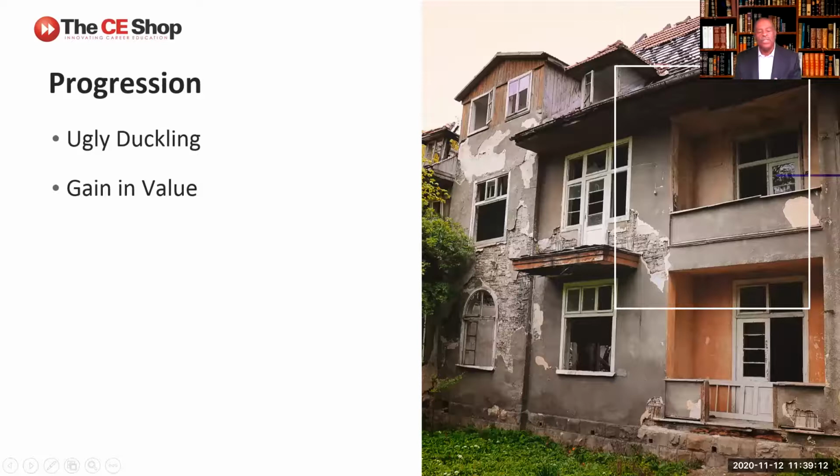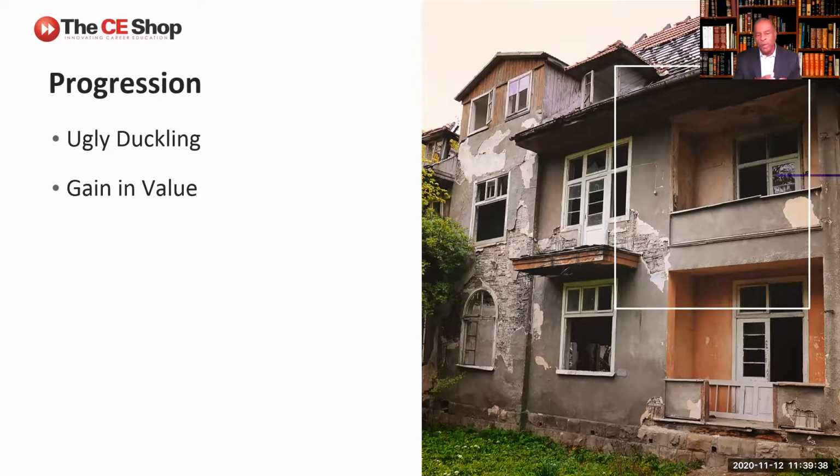Progression is just the opposite, where you have a loss of value in a neighborhood due to a negatively maintained property. You now have the situation just the opposite, an ugly duckling. How does that ugly duckling gain value? By positioning itself with higher value properties.